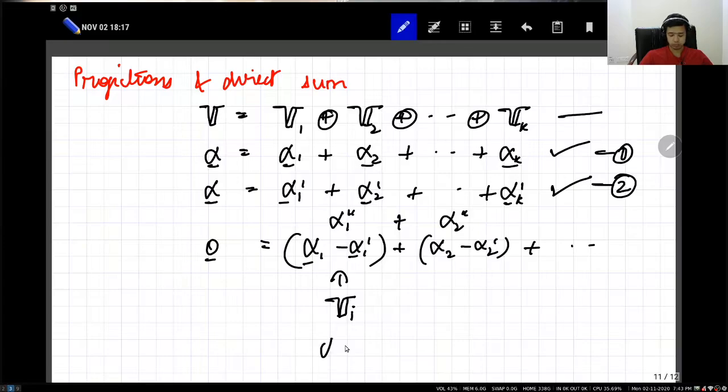The sum of these alpha i double primes gives the 0 vector, right? And this is impossible since we know that V is the direct sum of the Vi. So in other words, V1, V2 up to Vk are independent, and so this cannot happen, right?